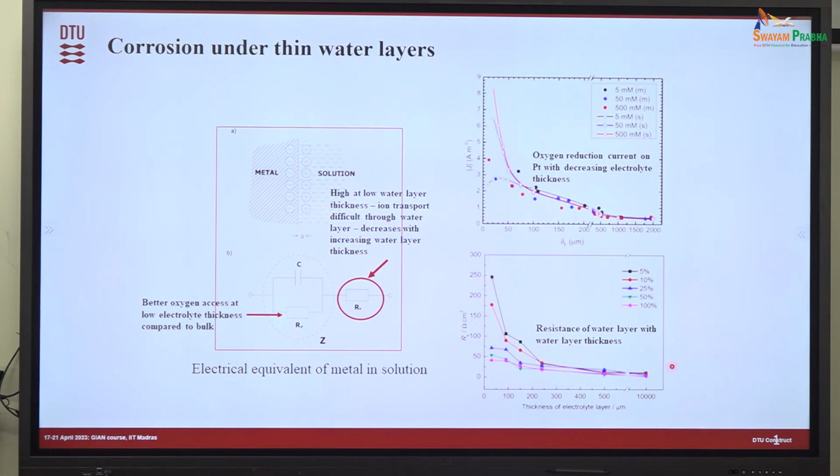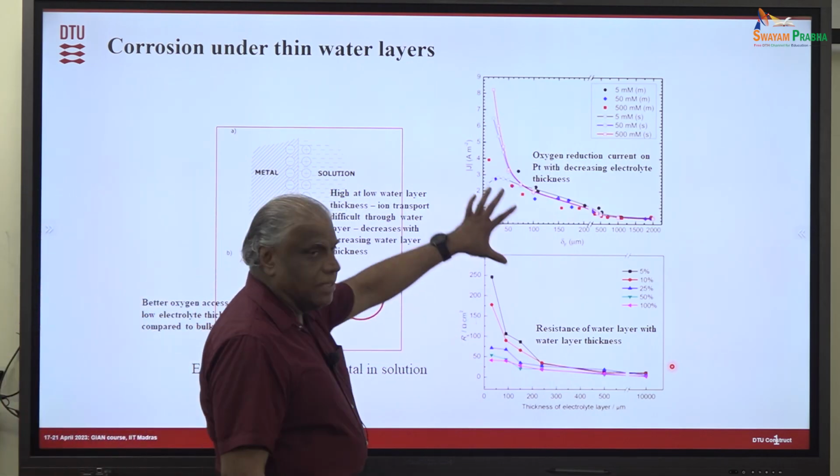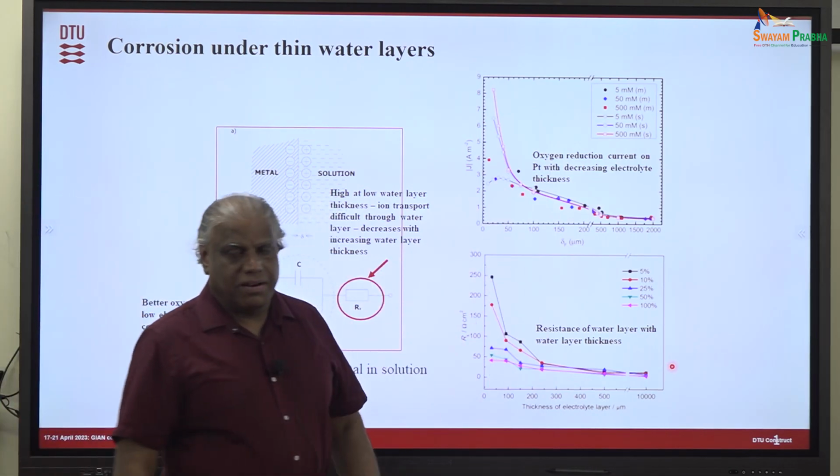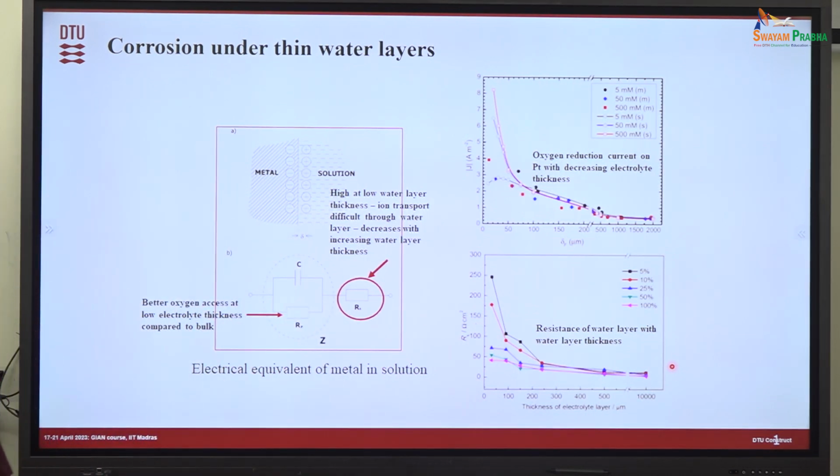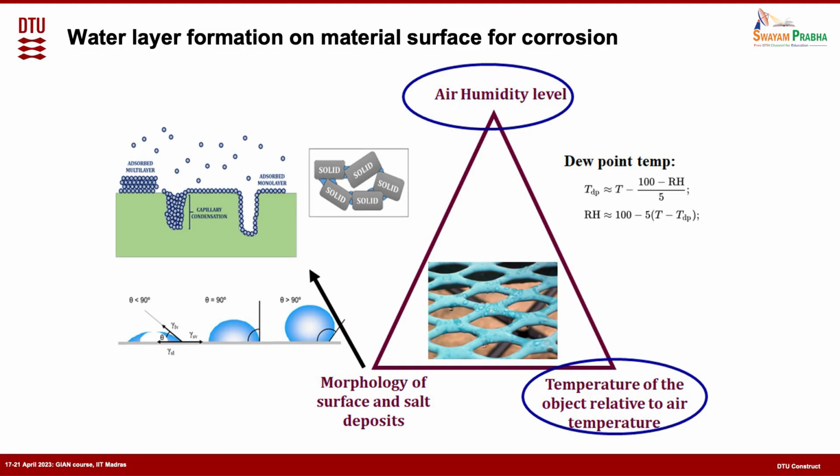So the two parameters I mentioned, RS and RP, play a role together with decreasing water film thickness. On one side, the oxygen reduction reaction rate is increasing, and on the other side, the resistance of the water film is also increasing, but they go in opposite directions with respect to the effect on corrosion resistance. That's also the reason the water film thickness is important.